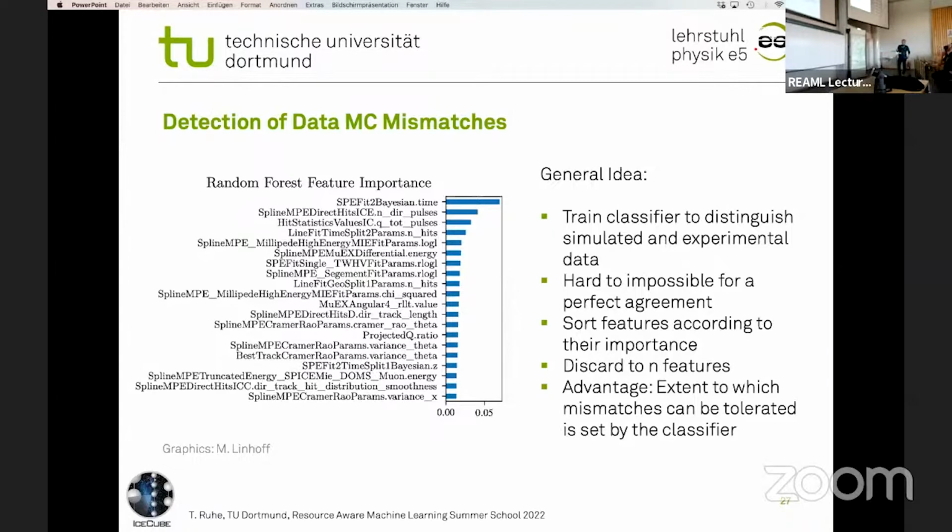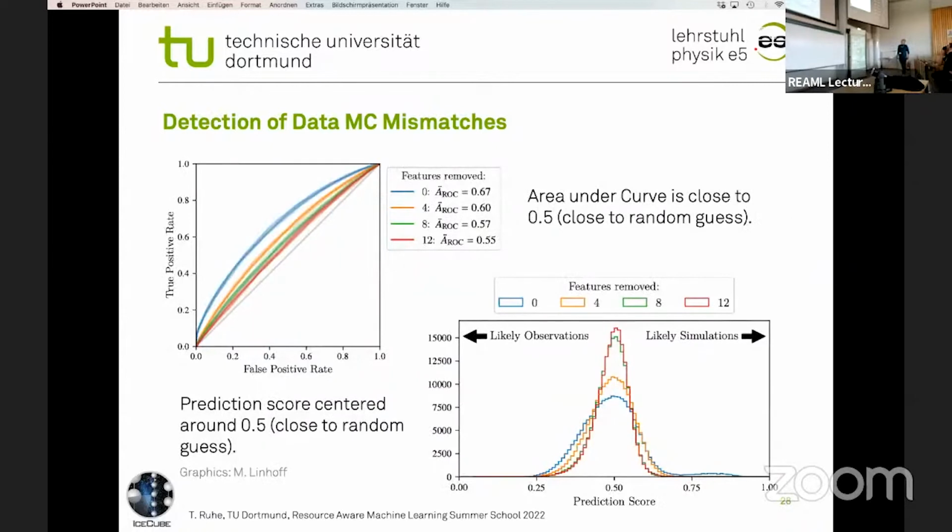Okay. On the top left, you see the area under curve. The blue line is where 0 features have been removed. The red line is 12, and orange and green are 4 and 8.